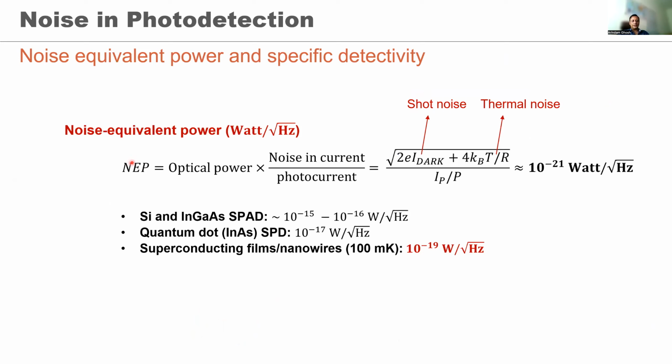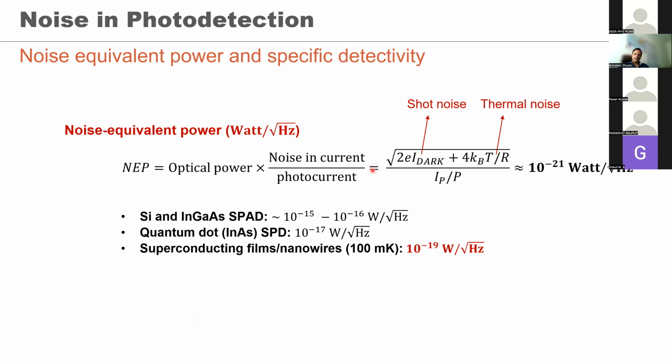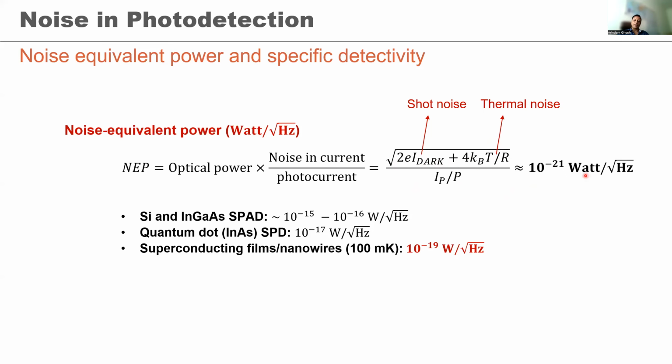The noise equivalent power is given by the square root of the total noise, which is the shot noise, 2eI dark, and the thermal noise. And because the responsivity is very large in our case, our theoretical noise equivalent power is 10 to the power of minus 21 watt.